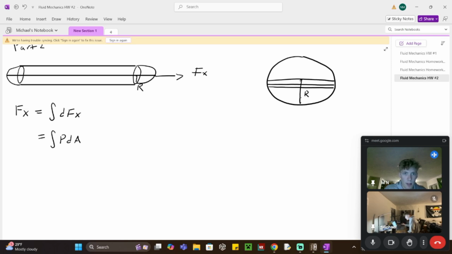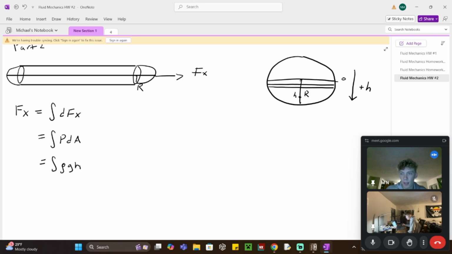So say we're trying to find the pressure at this point here. We're going to call this point h, and we're going to call the top of the fluid 0, with positive h going down. So the pressure at point h is going to be equal to rho g h.